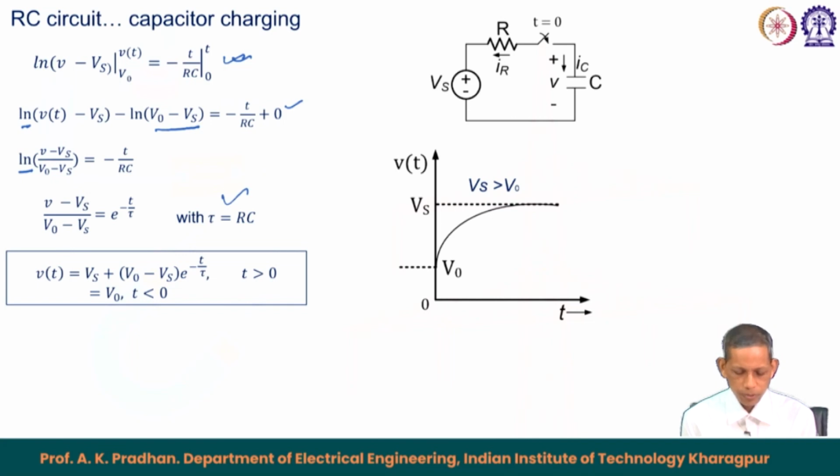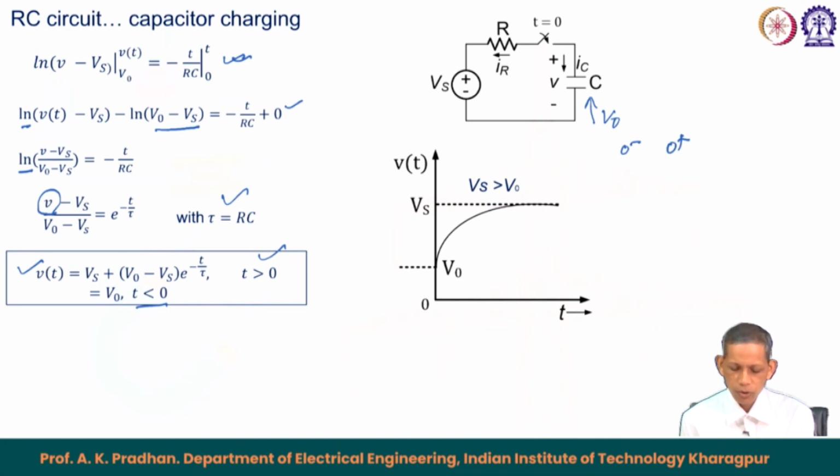So, the voltage across the capacitor at any instant of time can be expressed as V t equals Vs plus V naught minus Vs e to the power minus t by tau for t greater than 0, and for t less than 0 it is V naught. So, V naught here is nothing but the initial voltage of the capacitor, and that does not change, that is 0 minus and 0 plus, as we already mentioned.